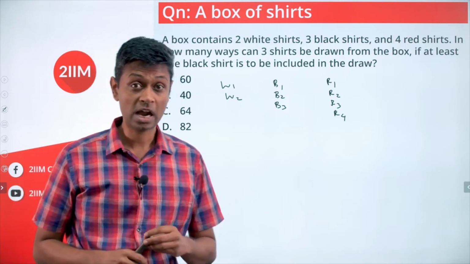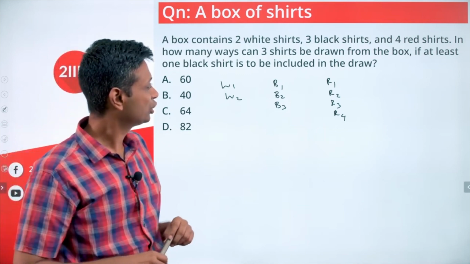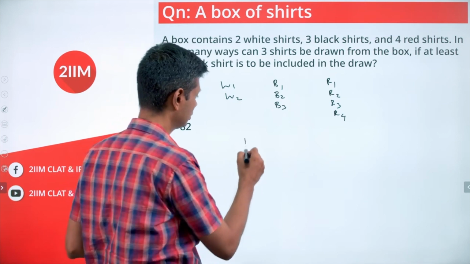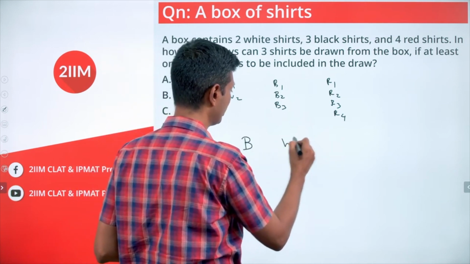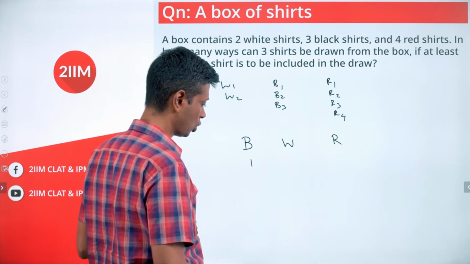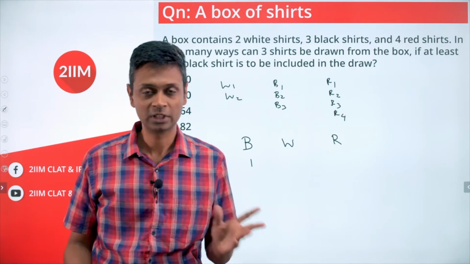Oh, tricky. At least 1 black. And so the number of black shirts should be at least 1. So I'm going to start with black shirts. So black, white, red. So I could have 1 black shirt or 2 or 3. We cannot have 0. Lovely.